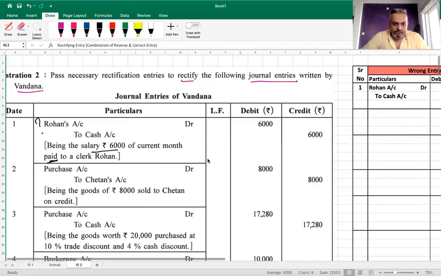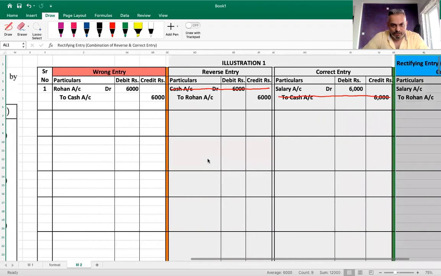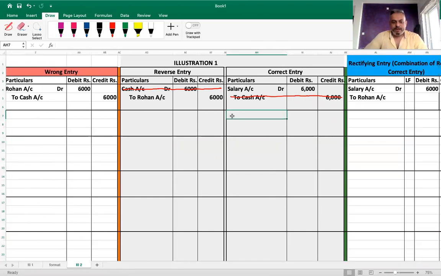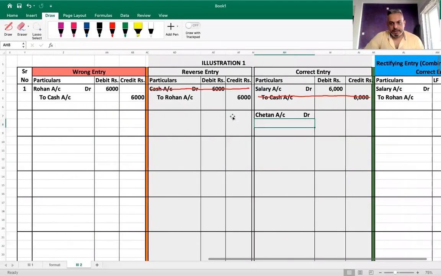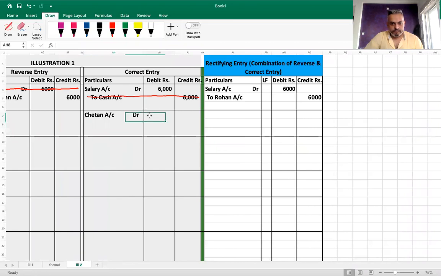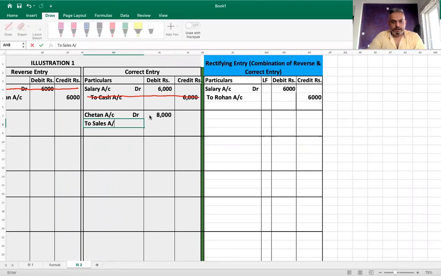Now let's rectify the error. So we first write the correct entry. Okay, Chetan account debit 8,000 to sales account 8,000.